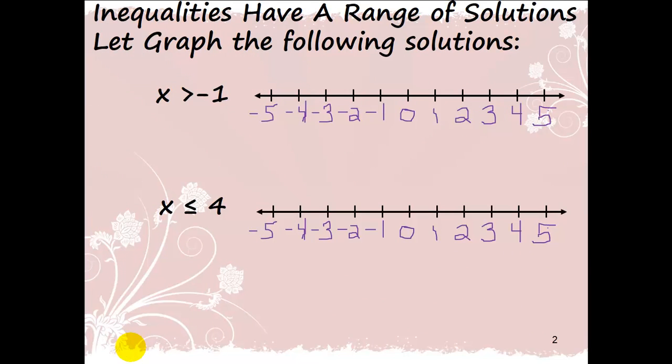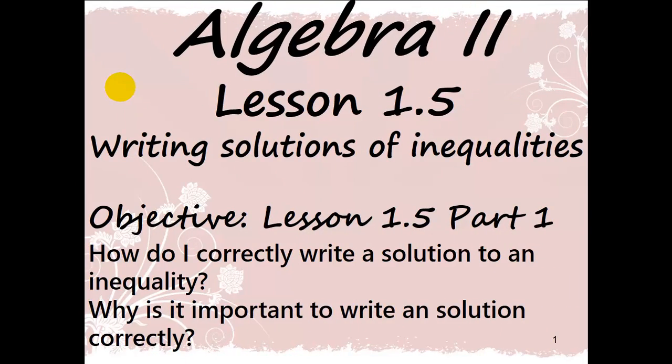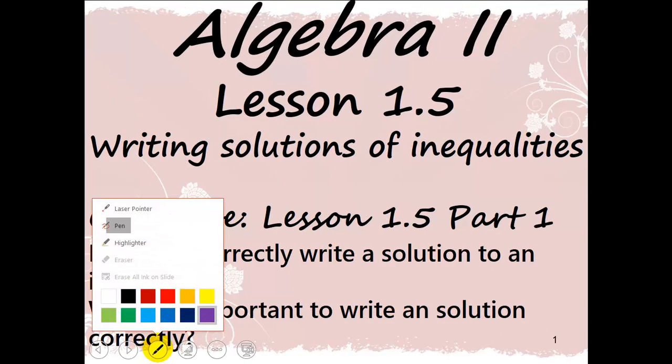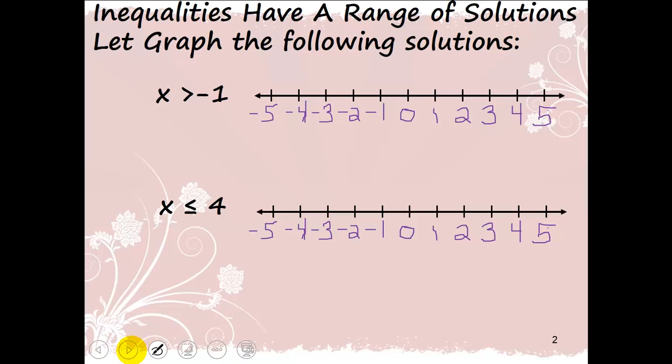So let's review how to graph an inequality because they have a range of values. It's not just a single number. The first example here is x is greater than -1. Greater than doesn't have the equality part to it, so we're going to use an open circle.